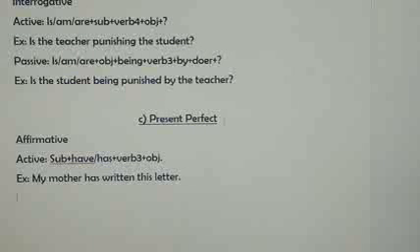Now, let me write the passive structure for this. The passive structure will be: object comes first, then I need to use the same auxiliary verb according to the subject, have or has.